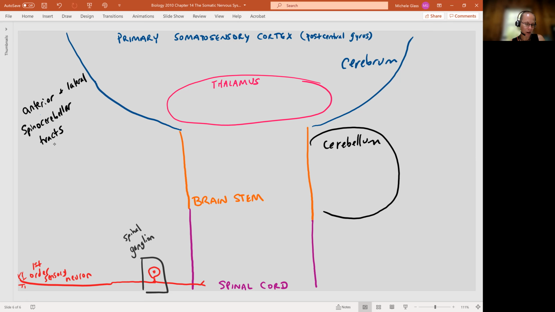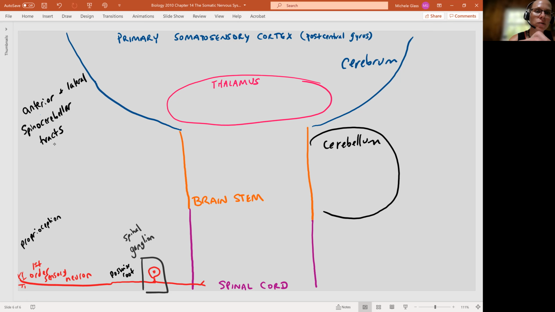We still have our first order sensory neuron, and so remember it's still going to be traveling in the posterior root. Remember with the anterior and lateral spinocerebellar tracts, we're carrying proprioception information. This is from our muscles, our tendons, and our joints. So this is that position of our body in space.